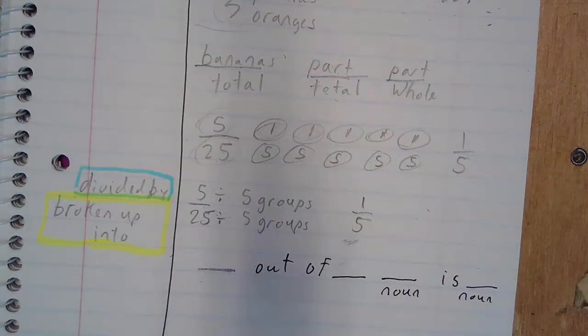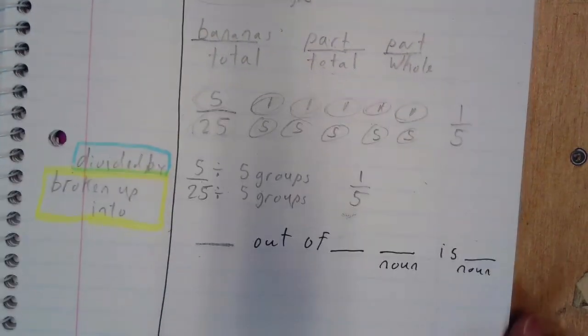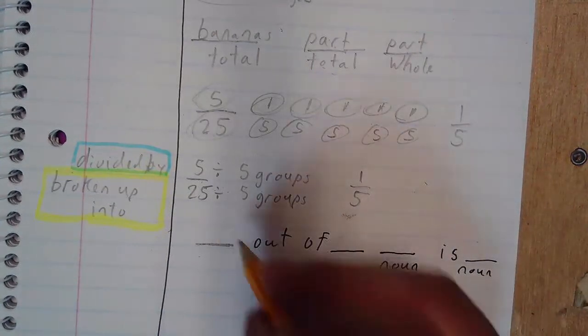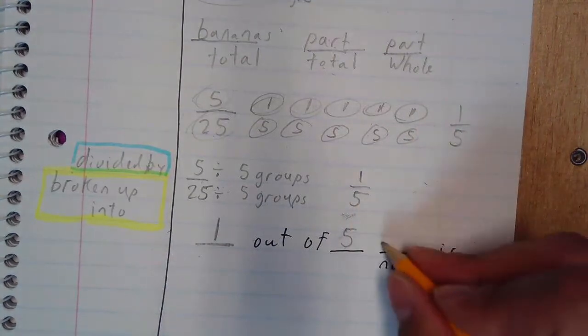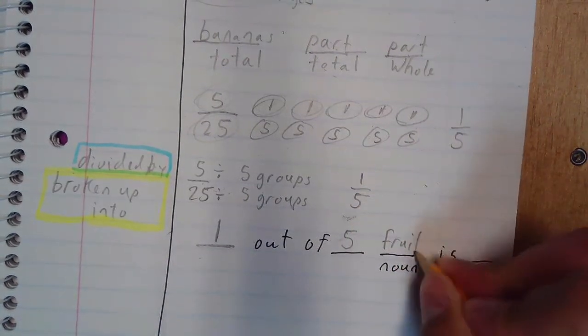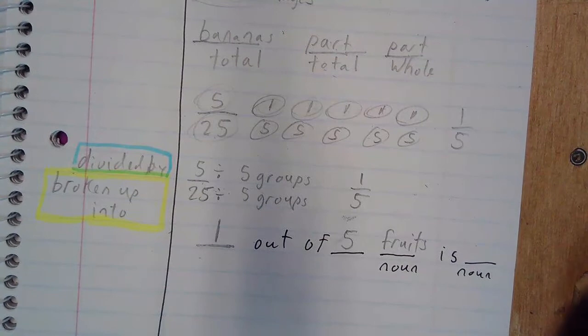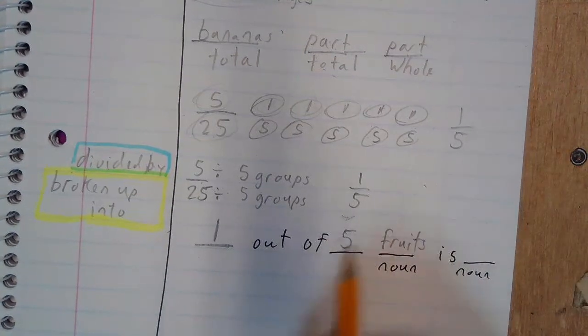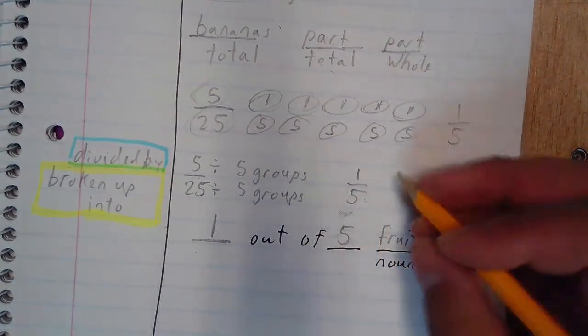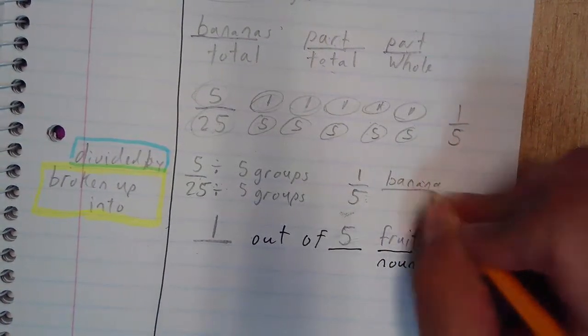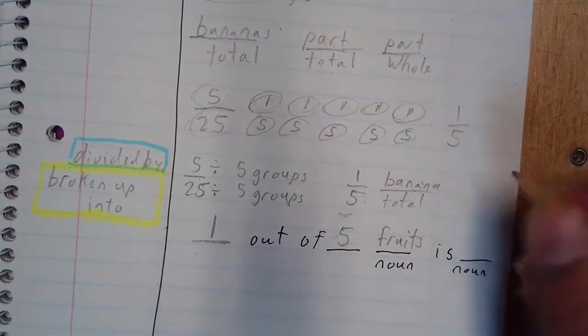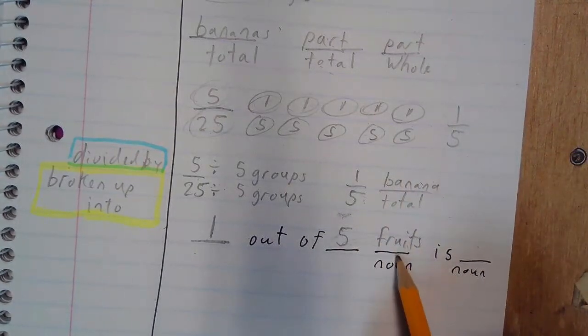Let's see if we can get this. All right. 1 out of 5 fruits, right? Fruit is a noun. 1 out of 5 fruits. That's what this is. Again, banana, total. But it doesn't make sense to say 5 total. It makes more sense to say fruits, right?